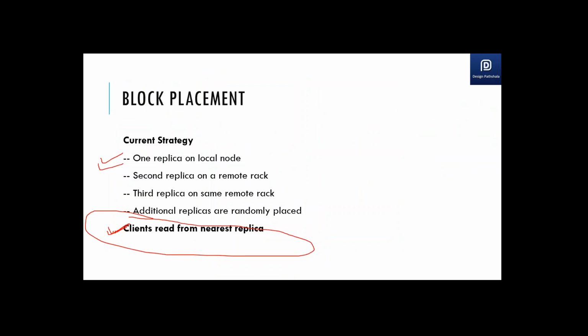So it will return you the nodes which are nearest to me. So the name node maintains the metadata. The metadata is not only the files or the blocks of the file, but also which data node is up, which data node is down, and things like that.